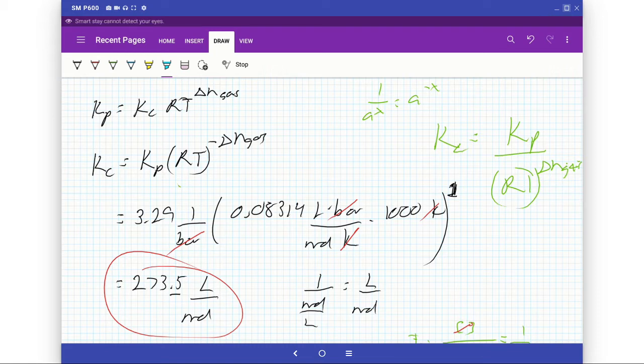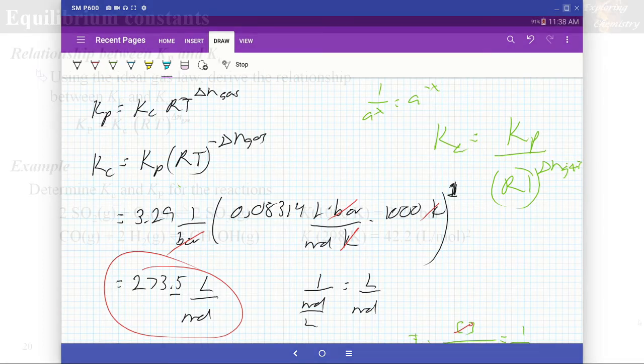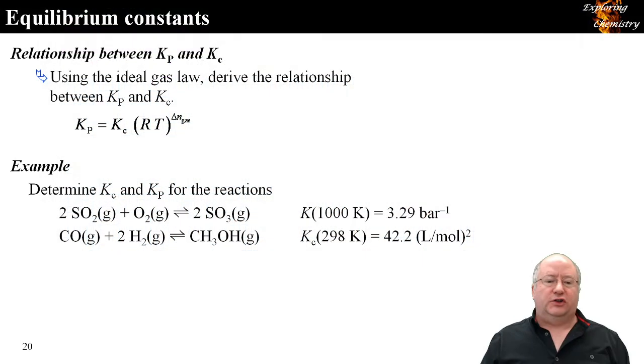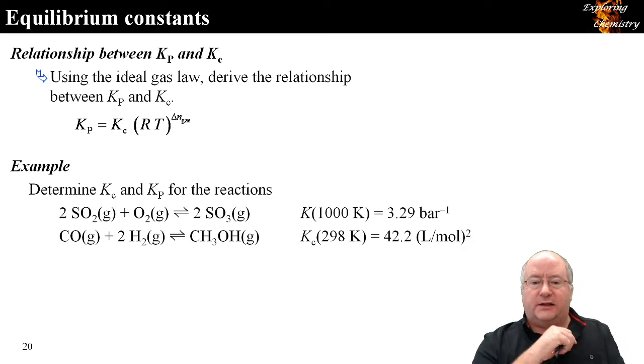I left it as an exercise to you to do the other one, to go through and look at the second reaction, which is Kc, and then determine the Kp value for that. Does anyone have their values, their answers that they wish to share?